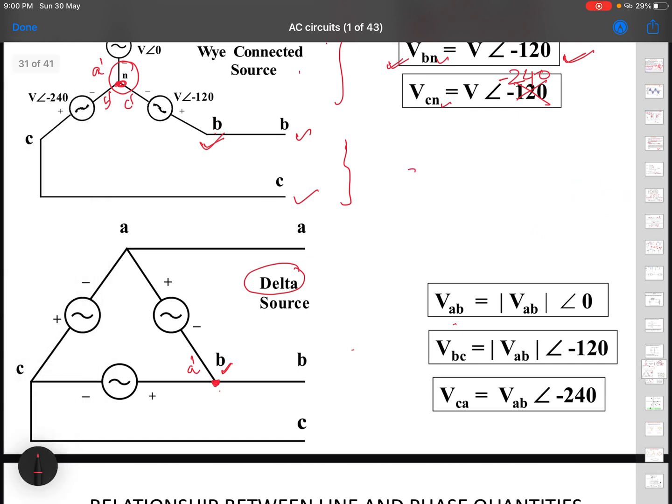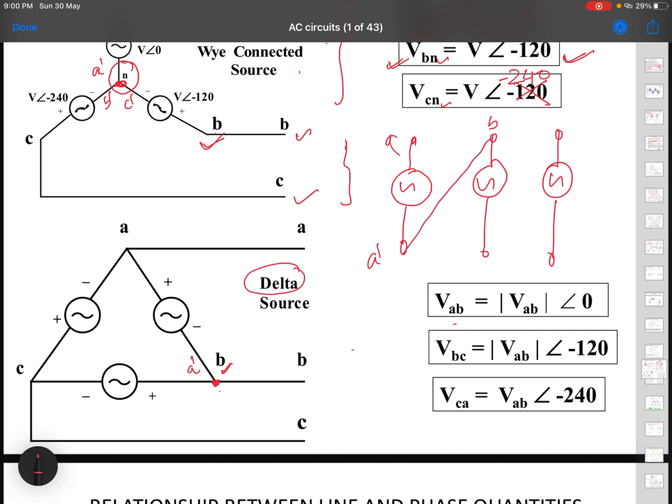So if I have these three phases like this, A dash, I connect this A and A dash, and I connect this A dash to B. Now this is B dash, and I connect this B dash to C. Then I take this C out, and this C dash I connect again to A. I can bring out these 3 points for transferring the power, A, B, and C. Now the sources are not tied together to get a neutral point.